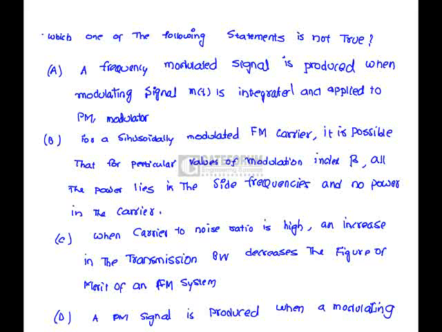Okay, this is also a true statement, because at certain values of beta, the Bessel function is going to be 0 at the carrier. Similarly, statement D is also correct, because a PM signal is produced when a modulating signal is differentiated and applied to a frequency modulator. The wrong statement is only C, hence option C is correct.